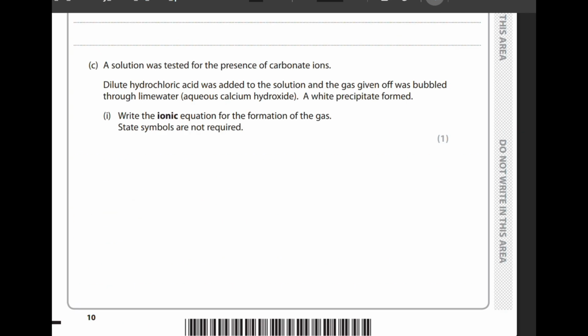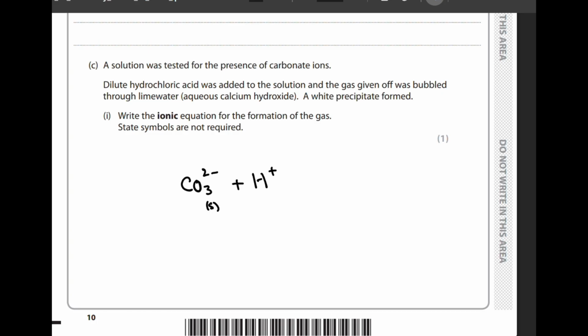Now part C. Dilute hydrochloric acid was added to the solution and the gas was given off. A solution was tested for the presence of carbonate ions. So for carbonate ions, you will add hydrochloric acid, because you need to write the ionic equation.